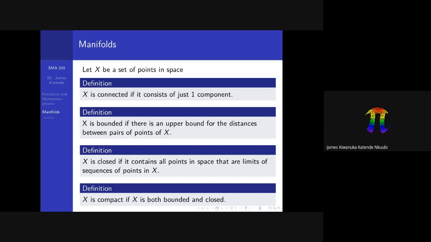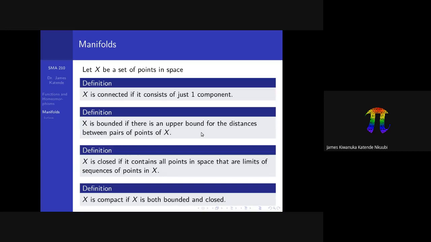We are talking about the second definition, which says that X is bounded if there is an upper bound for the distances between pairs of points of X. What this definition means is that a set is bounded if I pick any pair of points inside that set, and the distance between them will not exceed a given number.